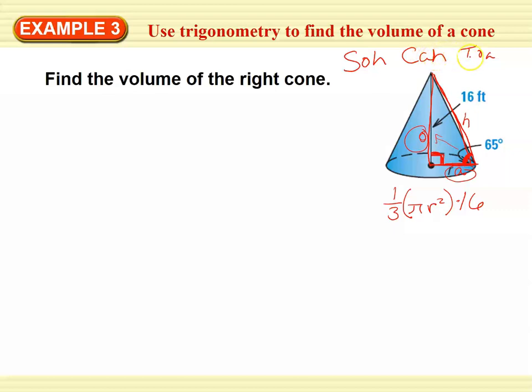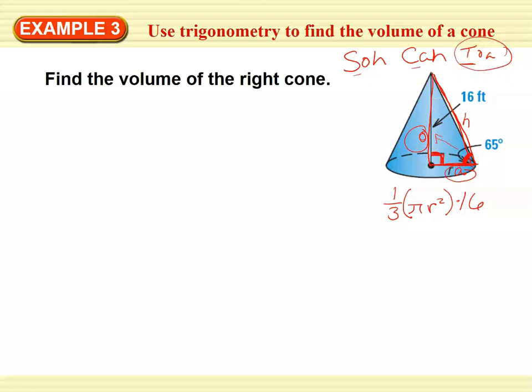And TOA, the T stands for tangent, O over A, so opposite side over adjacent side. We want to pick the trig function, sine, cosine, or tangent, that uses the opposite side and the adjacent side. Opposite and adjacent right here, so we want TOA.